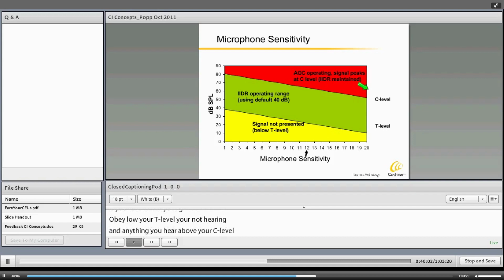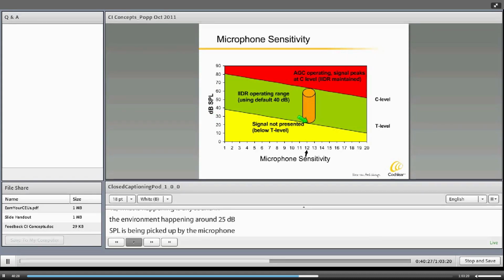Anything that's occurring below your T level, you're not hearing, and anything that's occurring above your C level is operating within the AGC range, or the automatic gain control range of the processor, and therefore is being compressed so that it's not being stimulated above that C level.